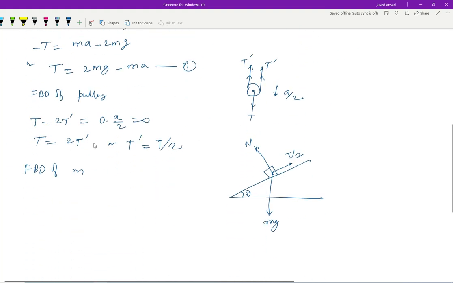So let's break it down. Break it down along the inclined plane and perpendicular to the inclined plane. Perpendicular to the inclined plane, if you see, there is no acceleration, there is no motion. Only motion is along the inclined plane, right? So we'll break these forces down in this plane, let's see.